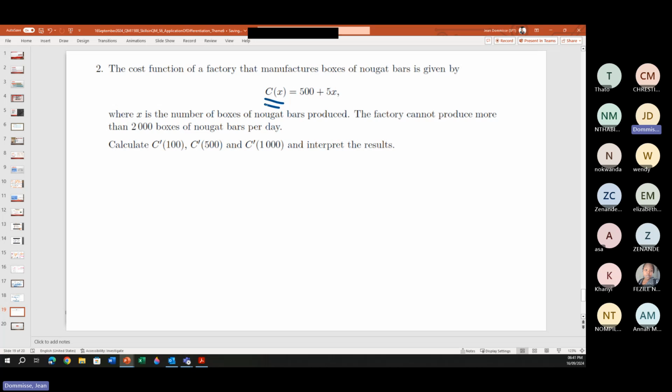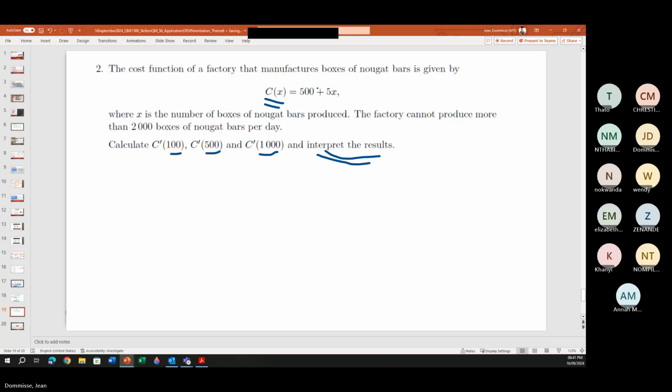Calculate the first derivative when X is 100, when X is 500, and when X is 1,000. Okay, this is a bit of a weird one. They can't ask you in assignments or exams to interpret, but let's just quickly look at what we do.